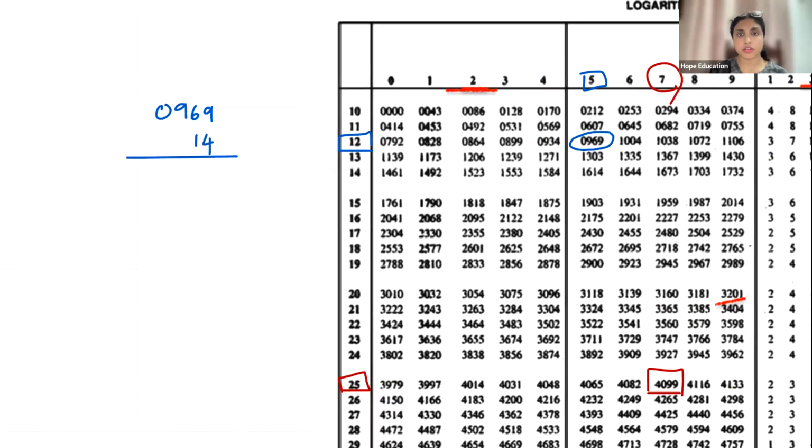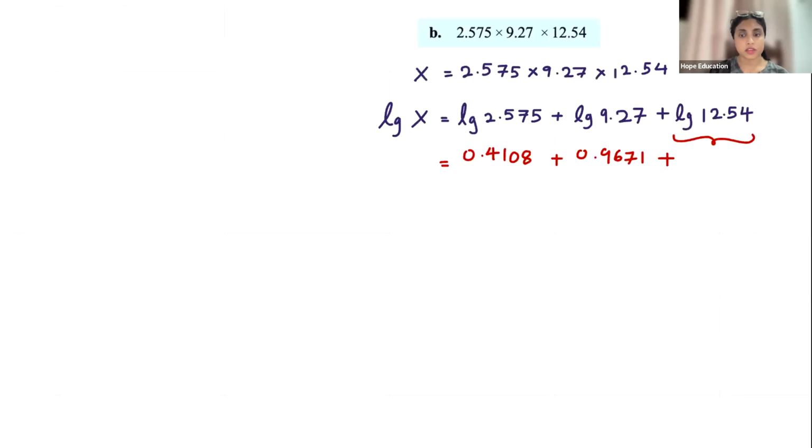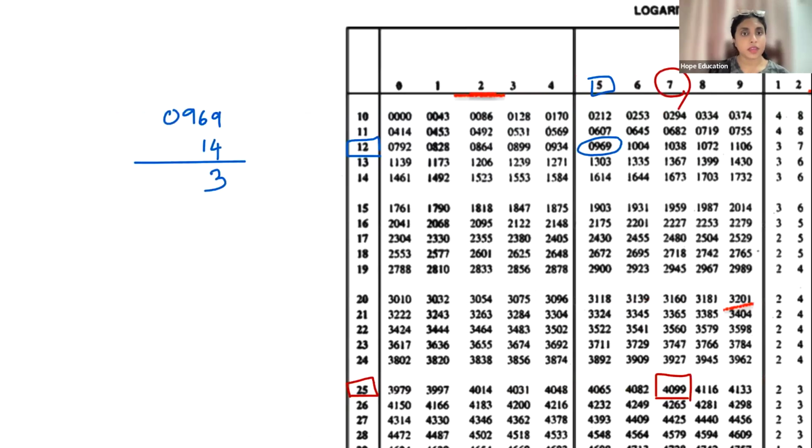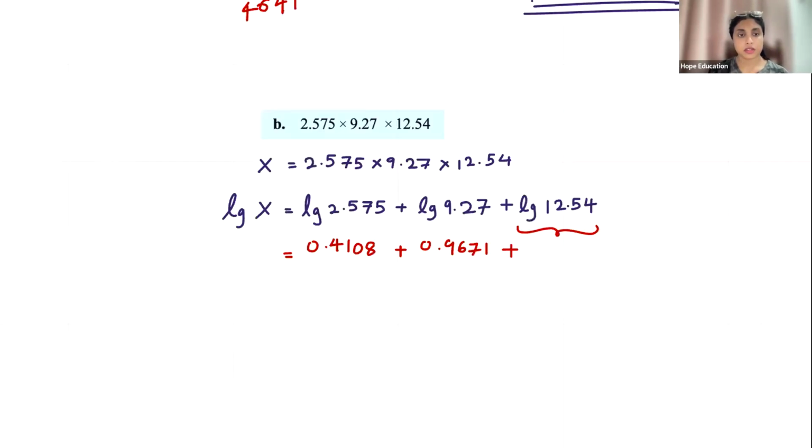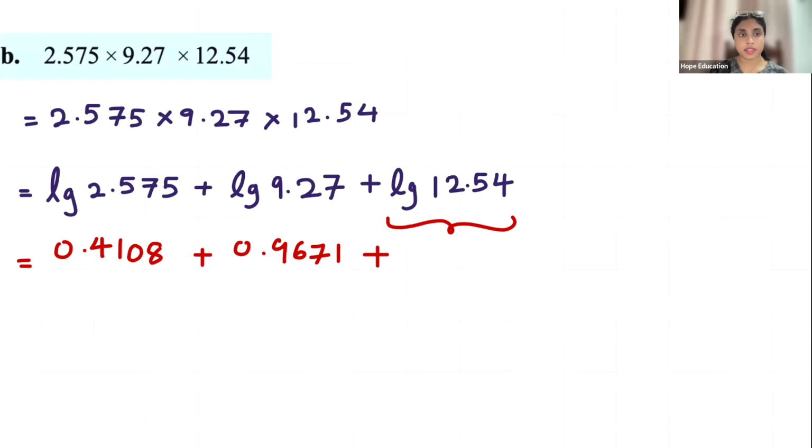I forgot. 1254, so that would be 3. 1 remaining. So 6, 7, 8, 9, 0. It's 0983. 0983. Considering the decimal place, I put 1 point.